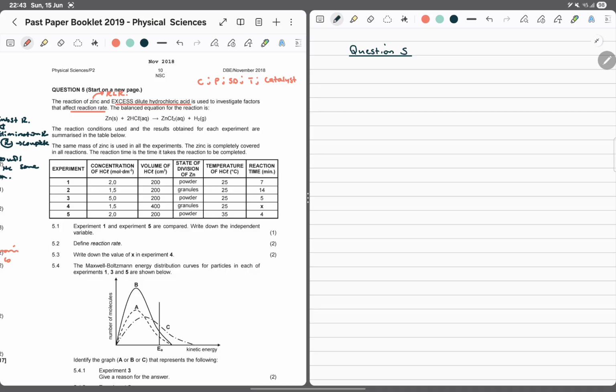Okay, so these are the 5 factors that affect a reaction rate. So we need to know about them and we need to understand them fully.